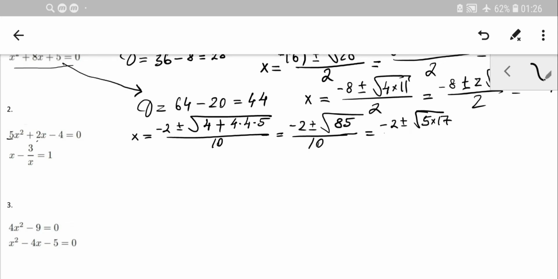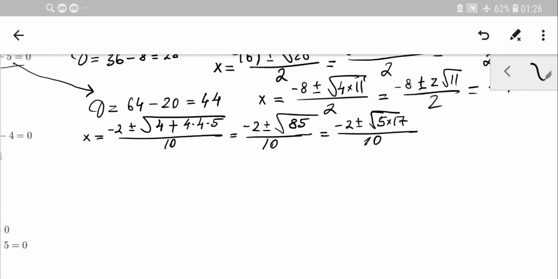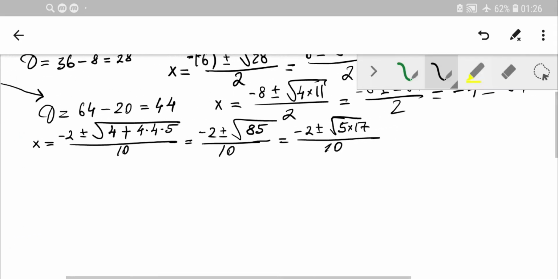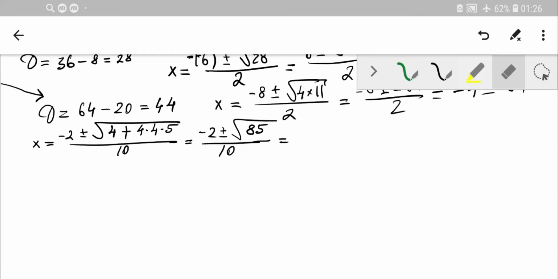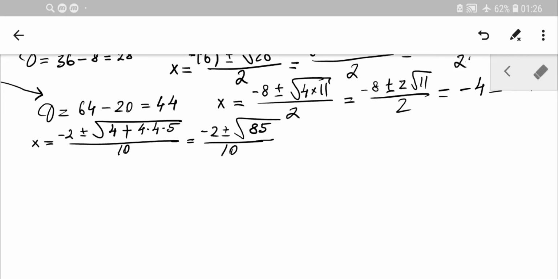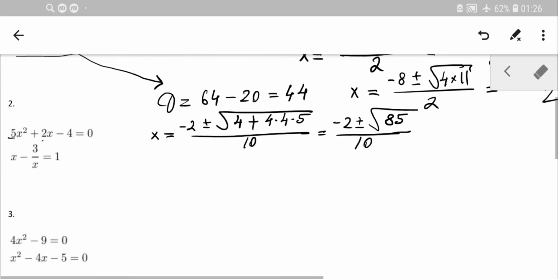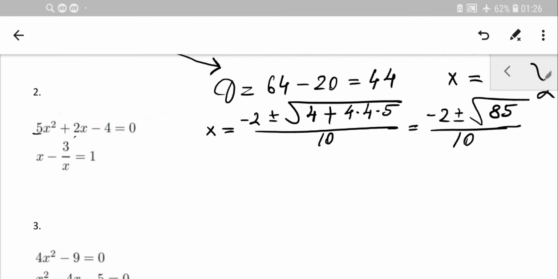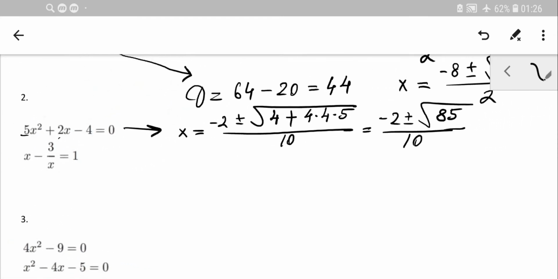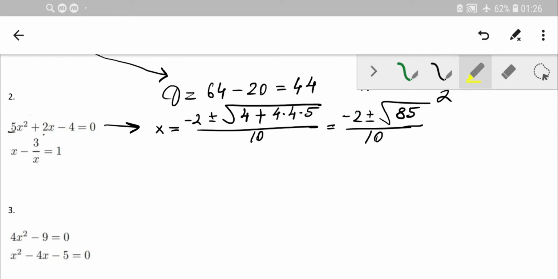But you see, it doesn't lead to any effect because the square root of 5 and of 17 doesn't simplify. So we're simply left with square root of 85, because this is not necessary. All right, so that's the final answer for x. Let's try to move on to the next one. So that's the answer for the second question.